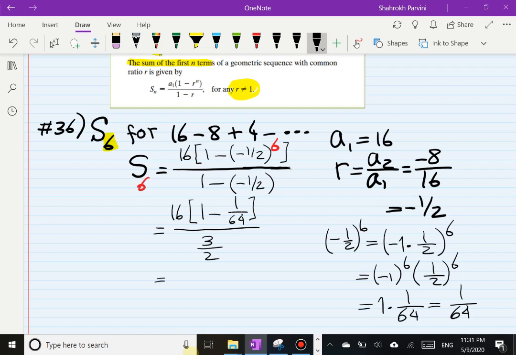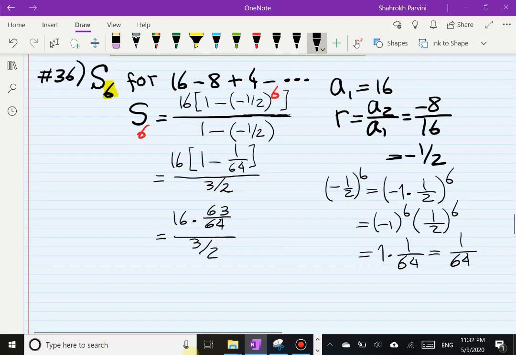Now, in the numerator, I have 16 times 1 minus 1/64. Let me move this up a little. So that's going to be 3/2 in the denominator. 1 minus 1/64, well, that's 63/64. I know fractions are a pain in the neck, right? Like, we really like fractions. And there you go. Now, how is this going to work out?